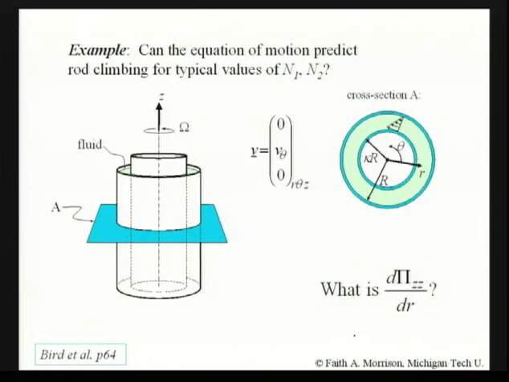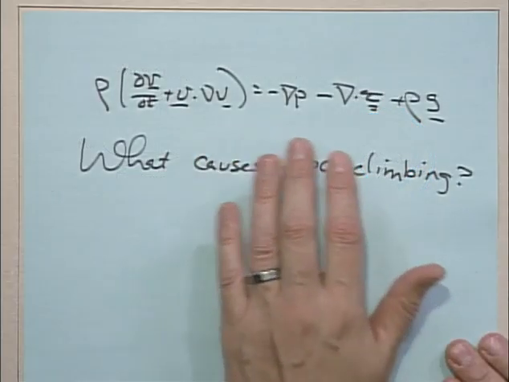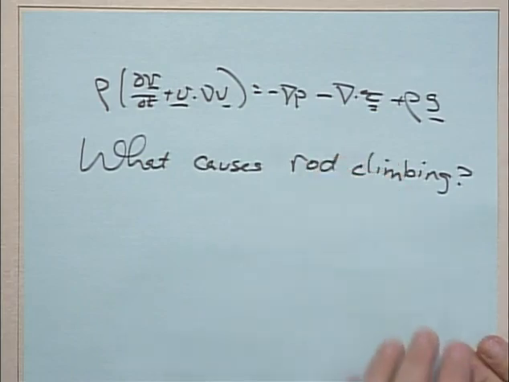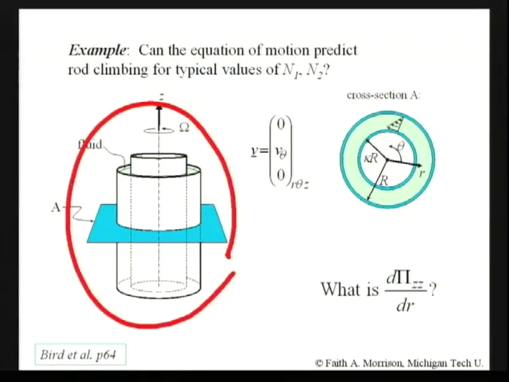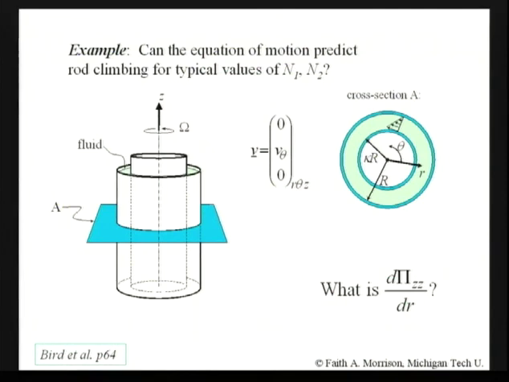So let's give it a try. All I'm going to do is start with this Cauchy momentum equation and try to simplify it for the flow that I have on this slide. This is going to look like I'm trying to solve for the velocity field, but all I'm going to look for is the effect of these quantities on the pressure on the top surface.